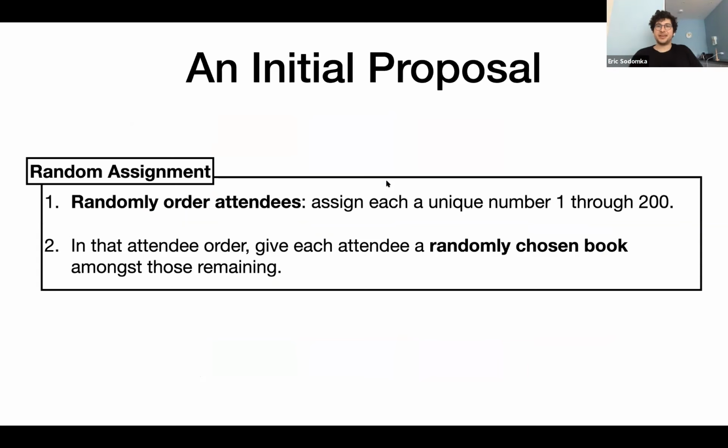All I'm going to do is randomly order the attendees, so everyone gets a unique number, and then I'm going to randomly choose one of the remaining books and give that out to whoever's turn it is. So you could also just think of this as I'm randomly going up to someone, reaching into my bag. Oh, here you go. Here's your book.